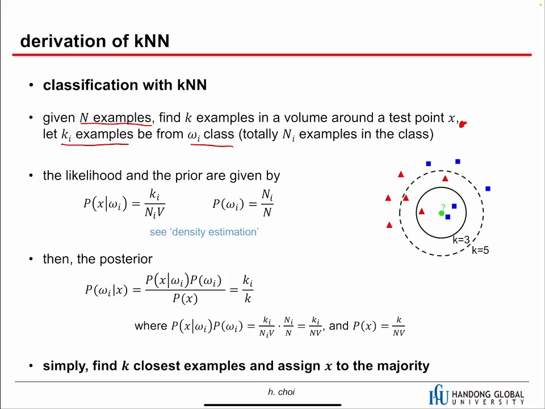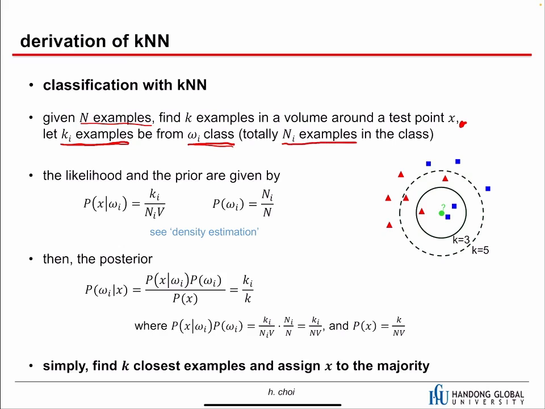Since this is classification, we have labels for the training samples, so we know which one comes from which class. So this many samples are coming from this class.